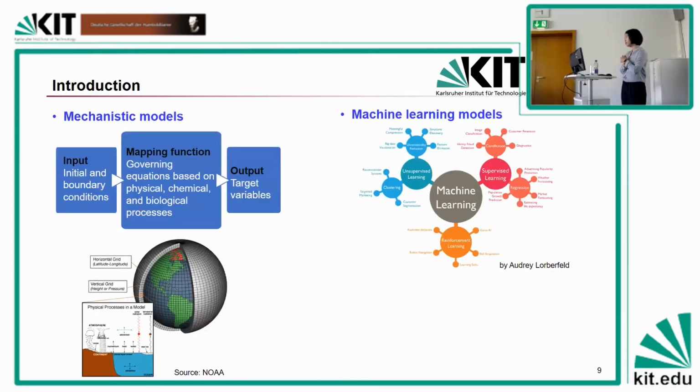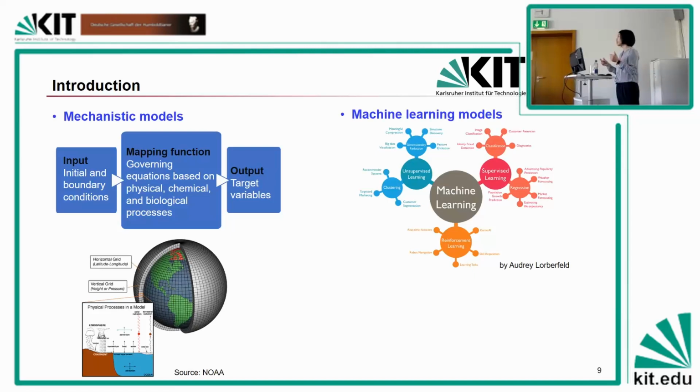So coming back to machine learning, I know many of you are very familiar with machine learning. In climate change and environmental modeling, we most often use this as an alternative to the traditional simulation models that we use. For example, if we are building a climate model, what we'll do is we'll build a model using different governing equations as mapping function for the input and output.